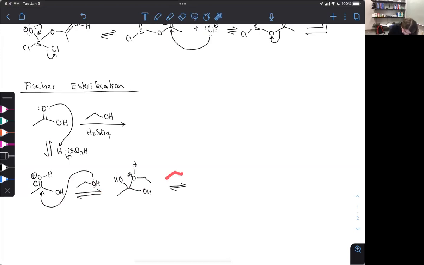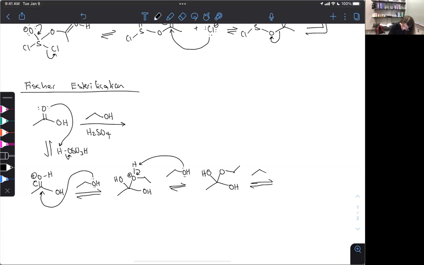Okay, so we can get another ethanol to go grab that proton for us, to get us to a neutral intermediate. So we're kind of going plus, neutral, plus, neutral. And then we need to make a better leaving group.